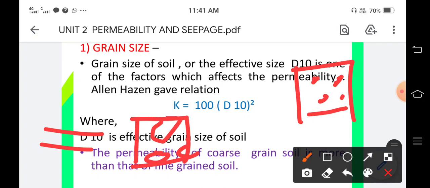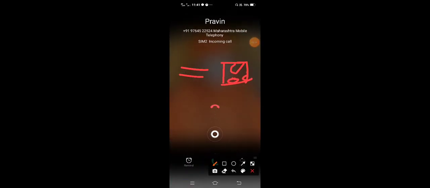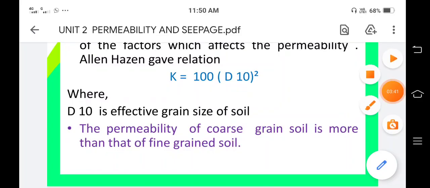So this coarse grain soil will have more permeability as compared to fine grain soil.